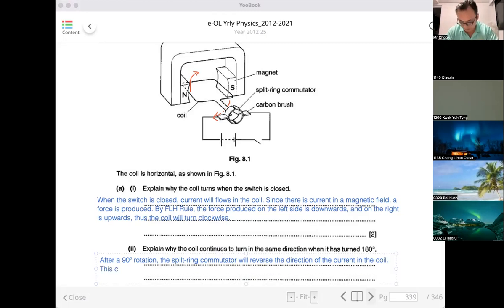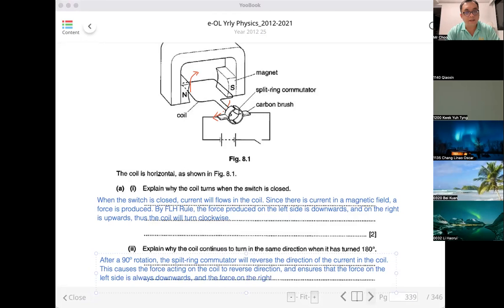So this causes the force acting on the coil to reverse direction as well, and ensures that the force on the left side is always downwards, and the force on the right side of the coil is always upwards.